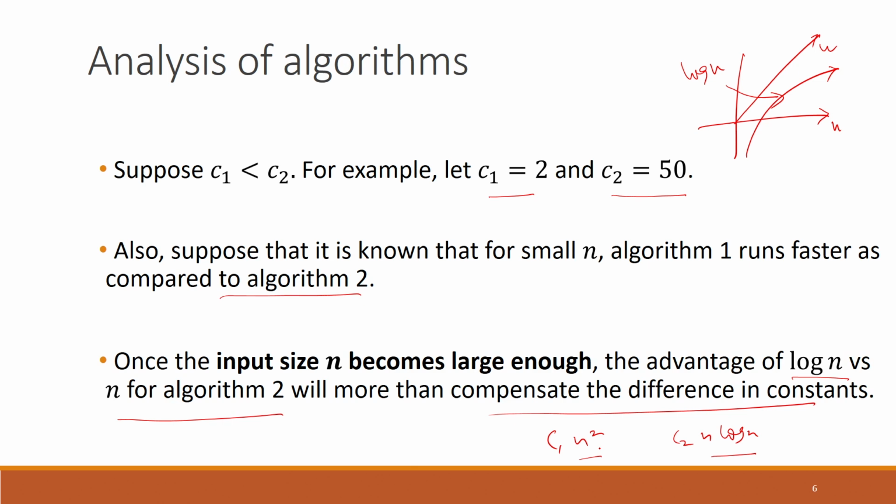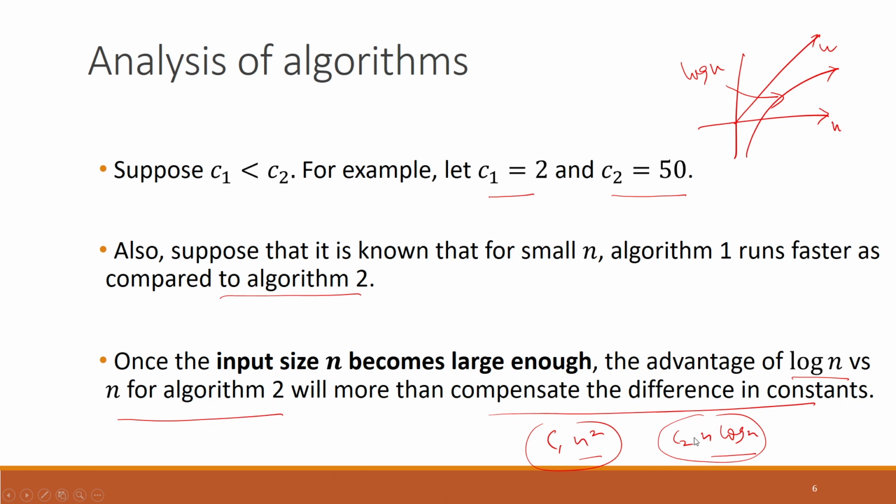But what we are trying to emphasize here is that even if, for example, the first algorithm that takes C1 n square operations has a very small constant, so that is why we took C1 equal to 2, and suppose the second algorithm has C2 equal to 50. Even if we give this initial advantage to the first algorithm by giving it a very small constant, so that it takes very few operations, the second algorithm will eventually become computationally more efficient than the first algorithm, even though C1 is less than C2.